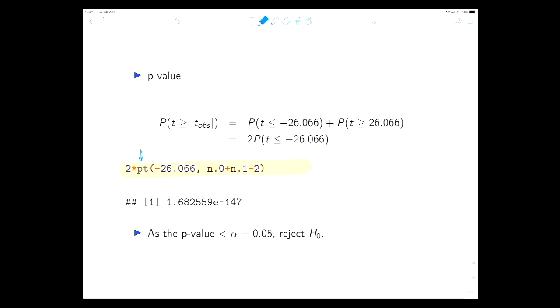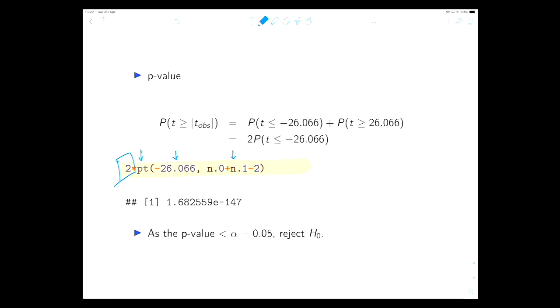So the probability of the t distribution at negative 26, which is our observed statistic, and you need to provide the degrees of freedom. Now, can anyone tell me why we multiply it by 2? Anyone? Why do we multiply that p evaluation by 2?